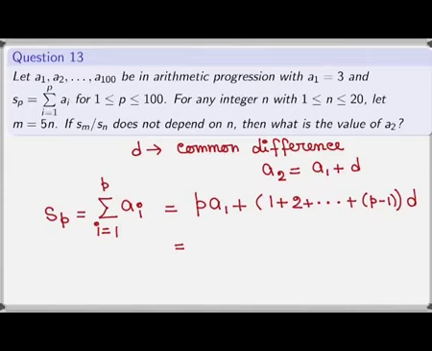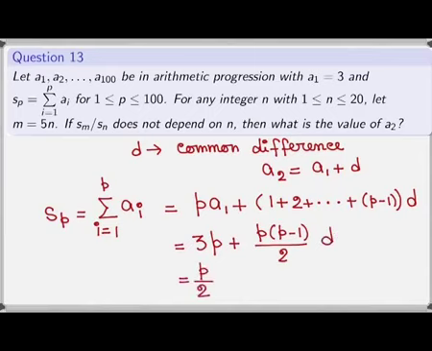So we substitute it here. So SP is equal to 3P plus P into P minus 1 divided by 2 into D. Let us take P by 2 common, then we get inside 6 plus P minus 1 into D.